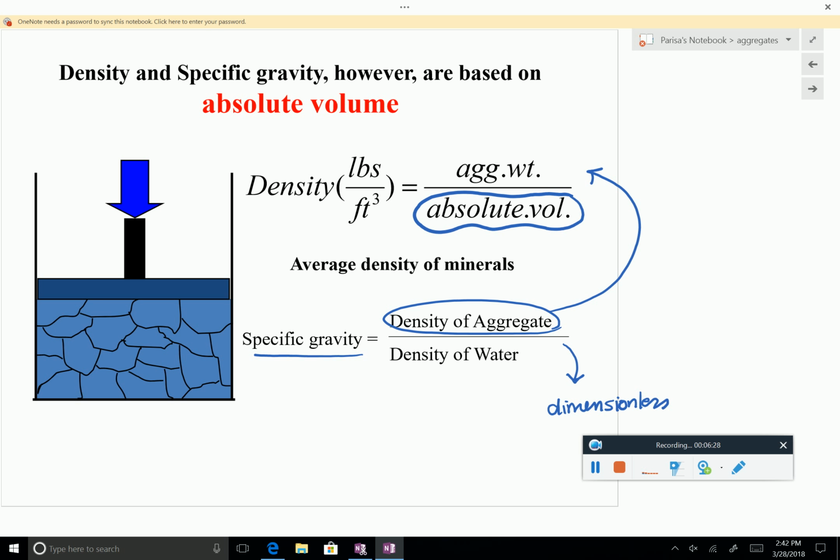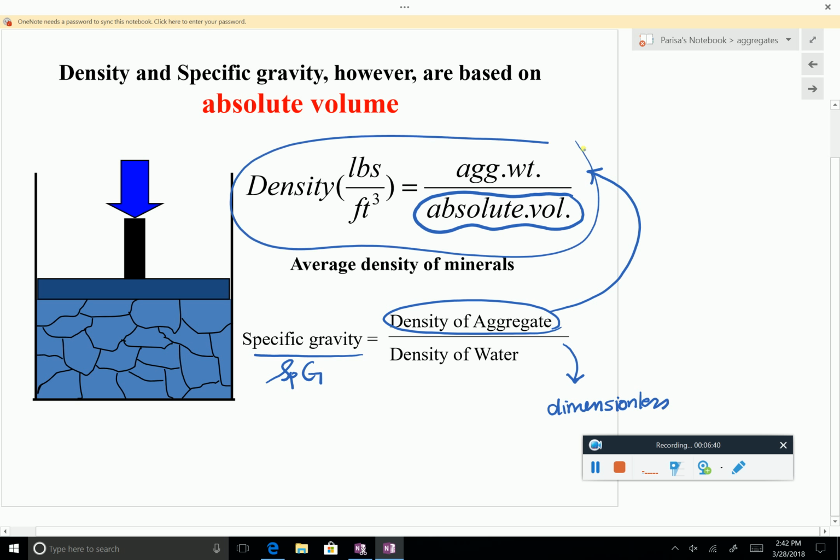Very related to density, there is another quantity which is called specific gravity. And that's the density of aggregates, which is this, divided by density of water. It's kind of a relative density.